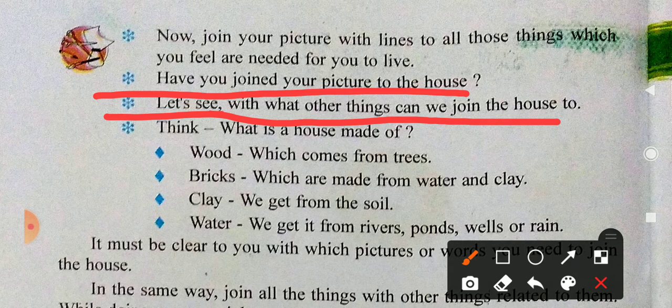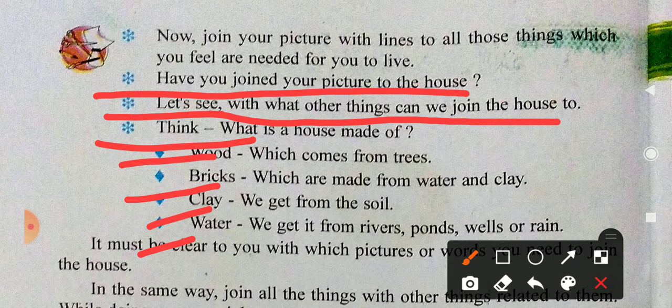A house is made of wood, bricks, clay, cement, water. These things come from trees, or are made from water and clay, which we get from the soil, and we get water from river, pond, well or rain.